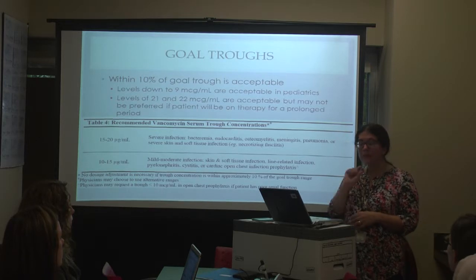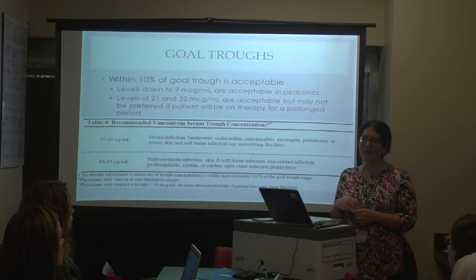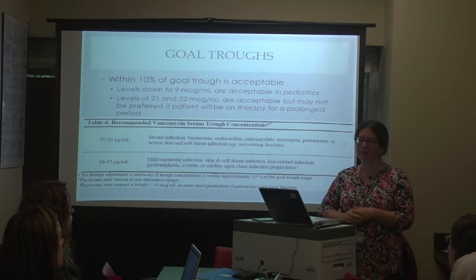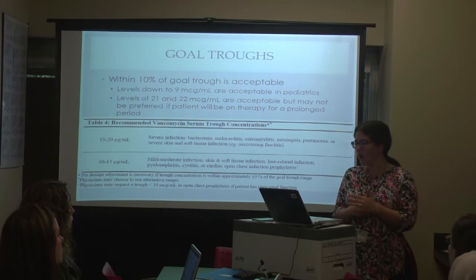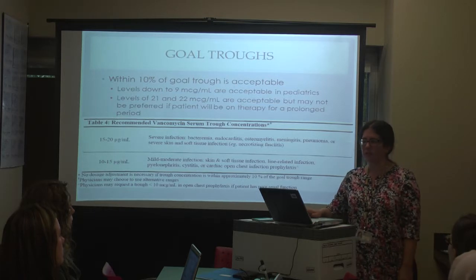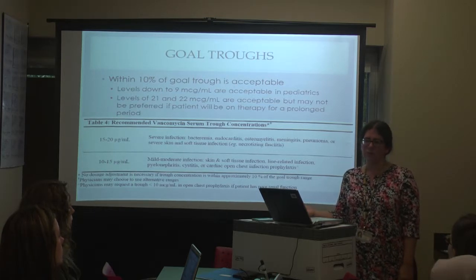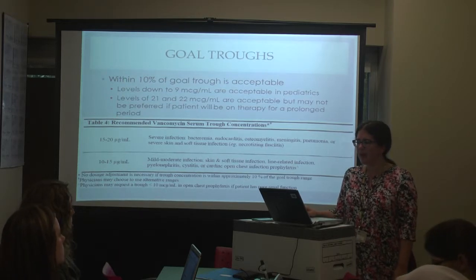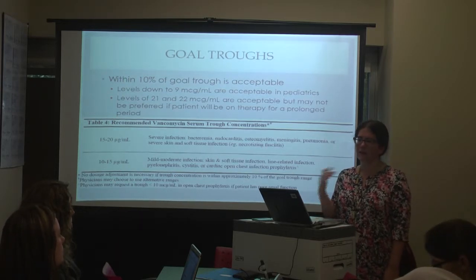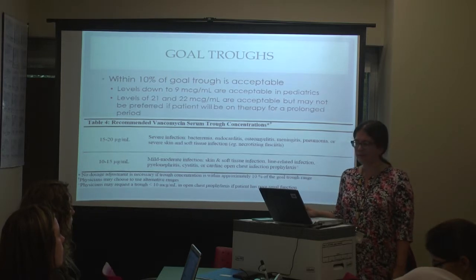A lot of times I'll make a small adjustment to their dose, and then I won't even recheck a level, because I assume they were there, and I've made a small adjustment that's maybe going to get them a little bit closer. That can certainly be a discussion with the physician, and generally these patients we consult will have an ID consult if they're going to be continued for a significant period of time, and often they get a little uncomfortable if you're hanging out at those levels above 20 as well.